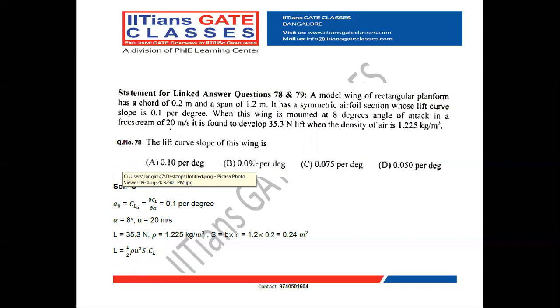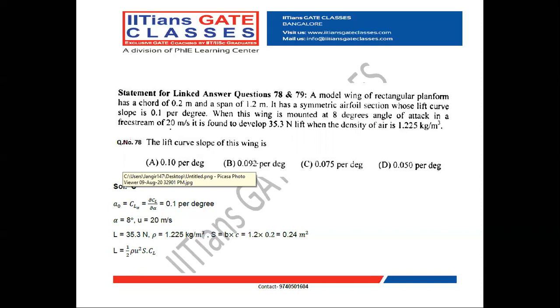Now, next linked question. It is question number 78 and 79. This is the common data for question number 78 and 79. The model wing of a rectangular planform has a chord of 0.2 meter and span of 1.2 meter. It has a symmetrical airfoil section whose lift curve slope is 0.1 per degree.